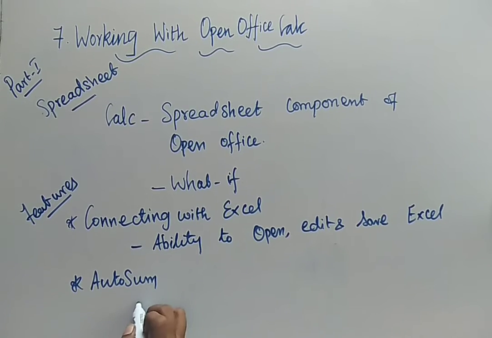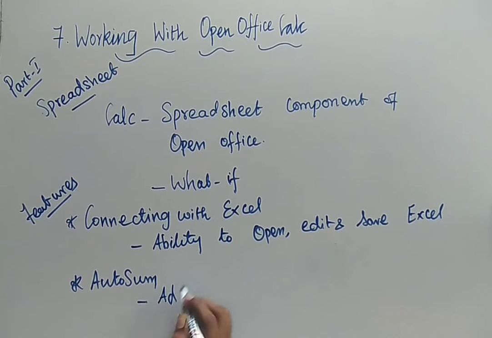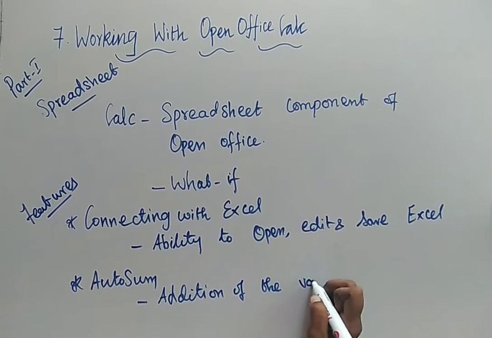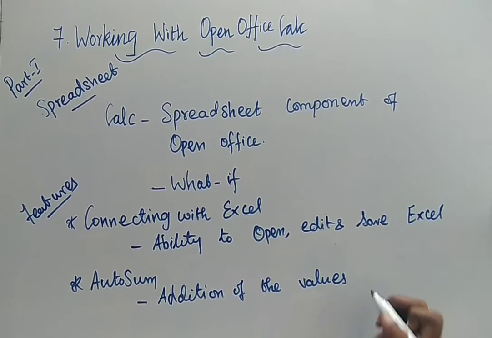What do you mean by auto sum? Sum means you are going to add something. Auto sum means that sum, that is your addition of a cluster, can be done automatically. So addition of the values can be done in an automatic way.